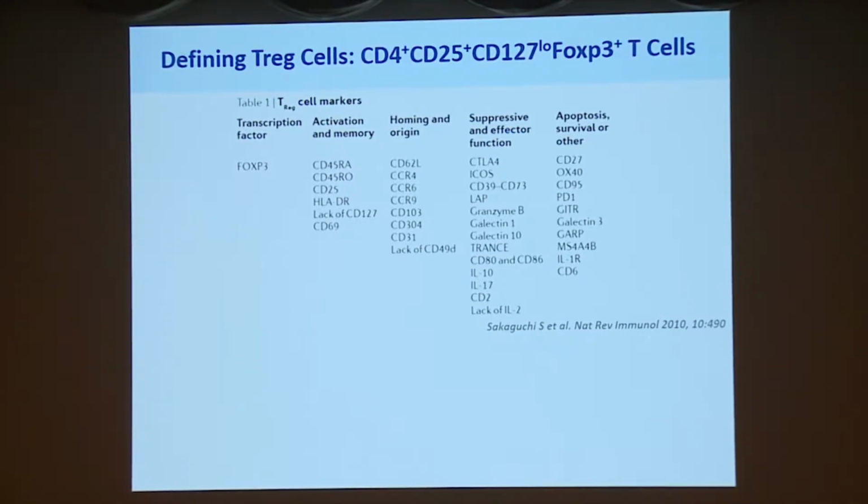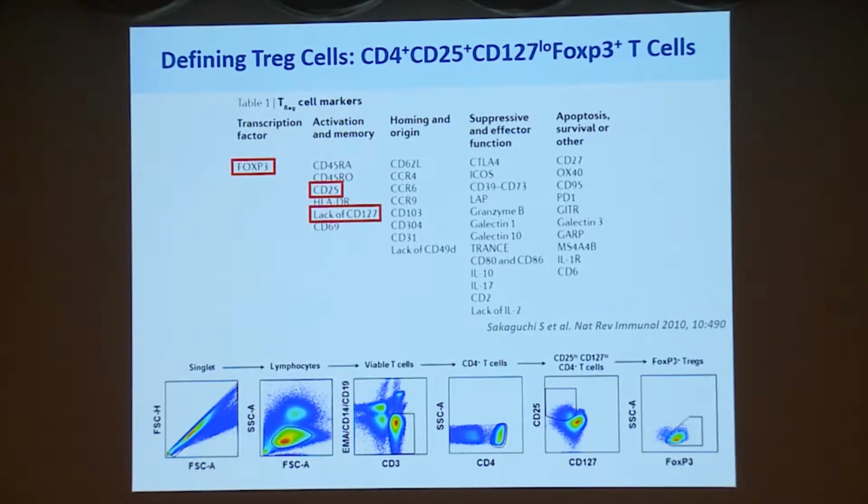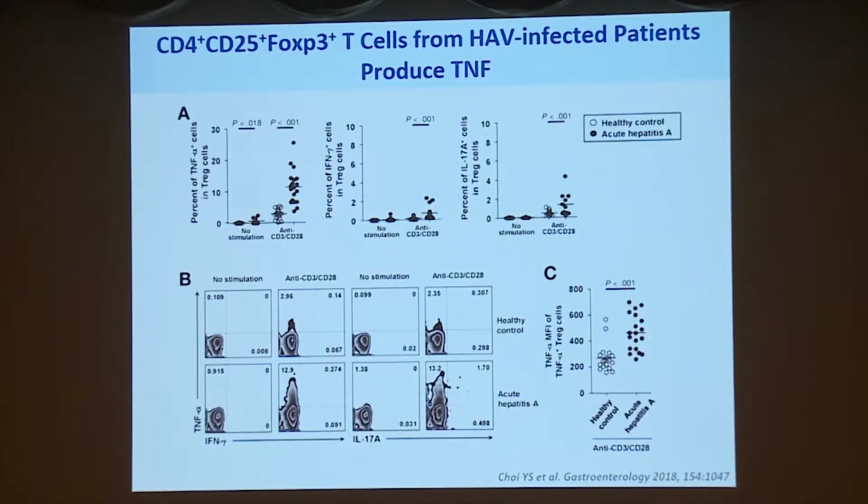So to distinguish the real Treg cells from transiently activated non-Treg cells, we use the CD127 low marker. This is an example of our gating strategy to define the CD4 positive, CD25 positive, CD127 low, FOXP3 positive Treg cell.